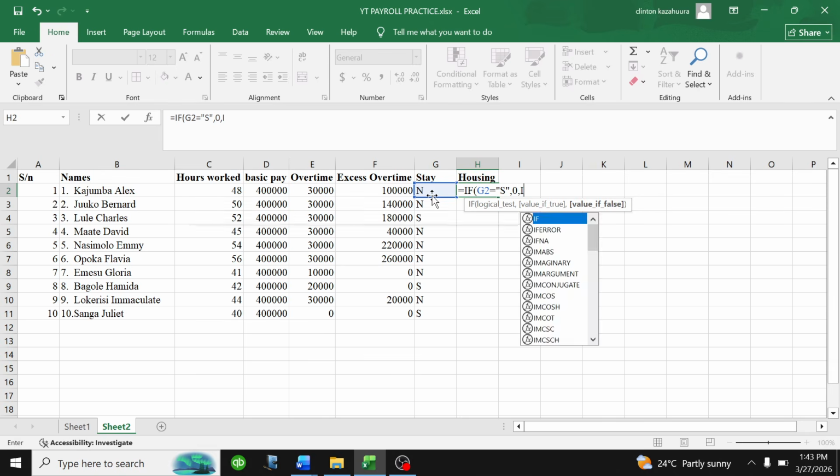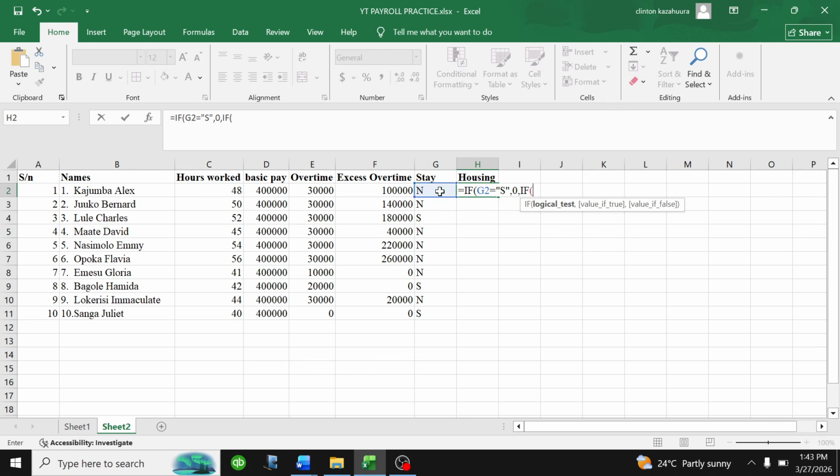Then if the staying status is equal to N, then we shall give them 40% of, so "of" means times, their basic pay here.